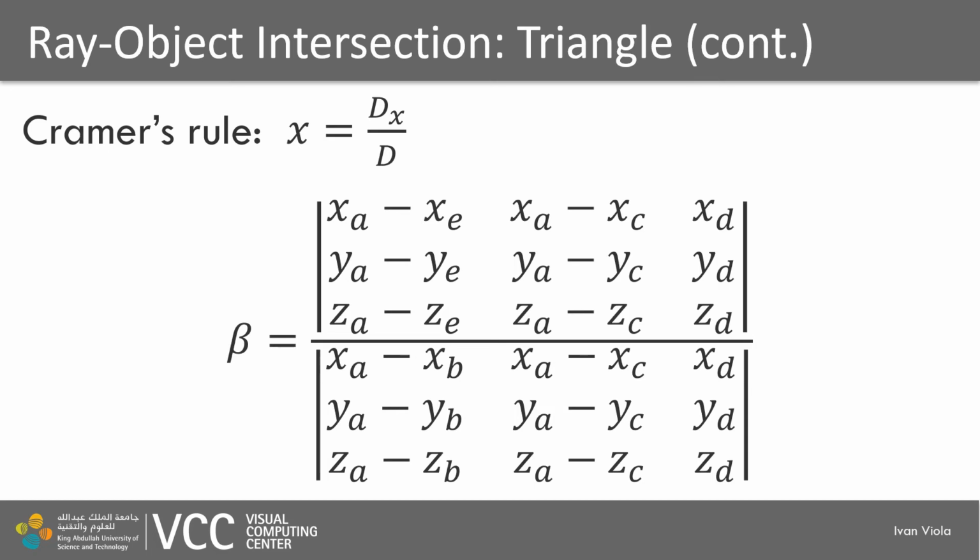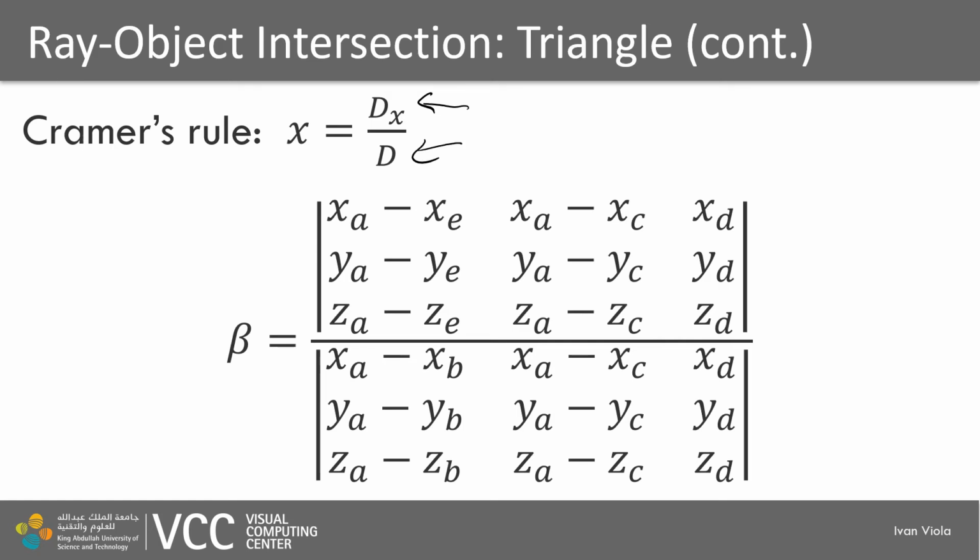For larger sized determinants, this will be more complicated. And Cramer's rule says that each value which you want to calculate, you can calculate as the fraction between the so-called dx for x and d.